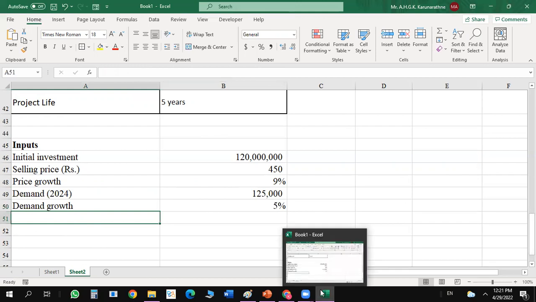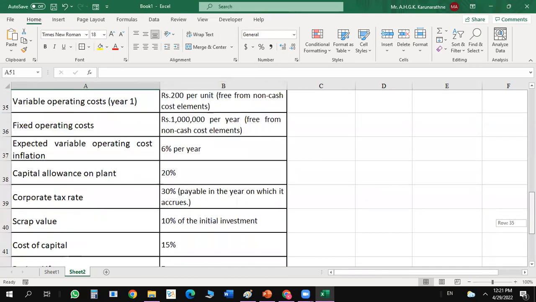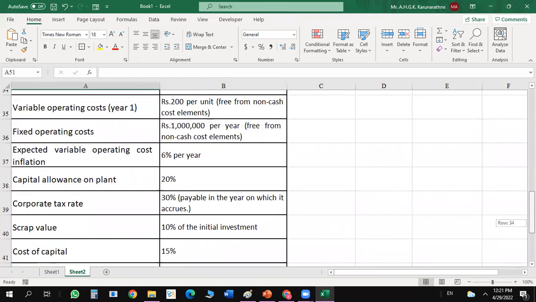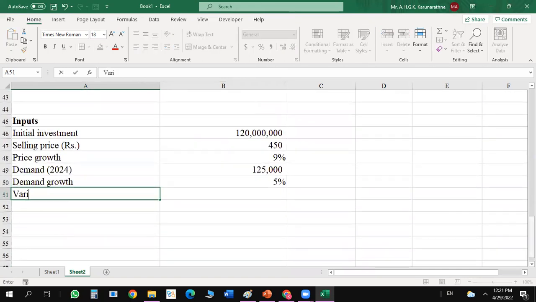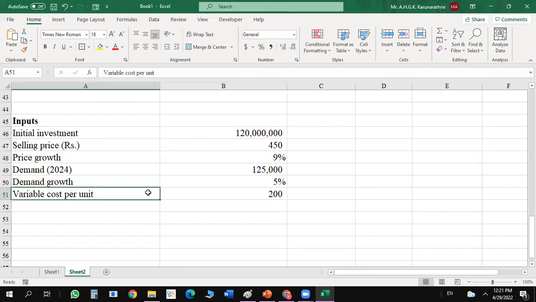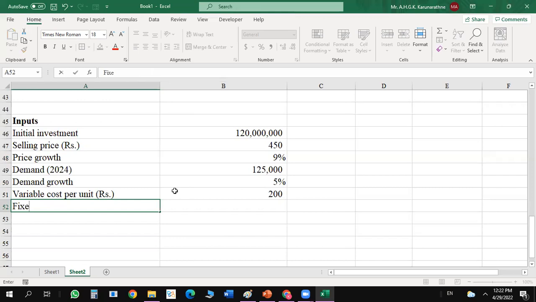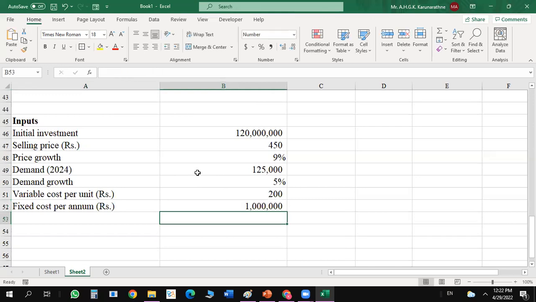Then the variable cost is 200, fixed cost is 1 million, excluding non-cash items, right?